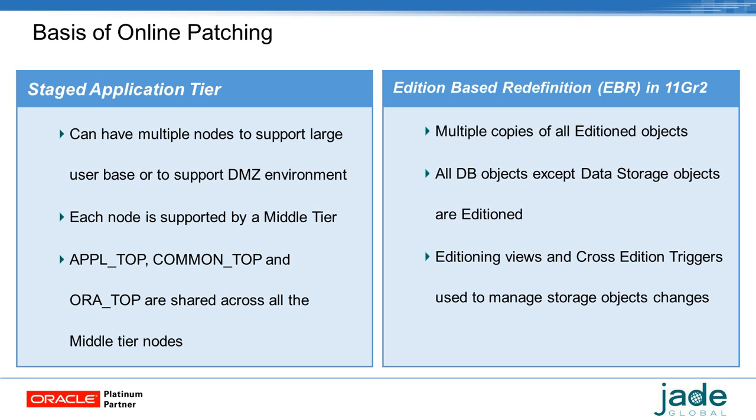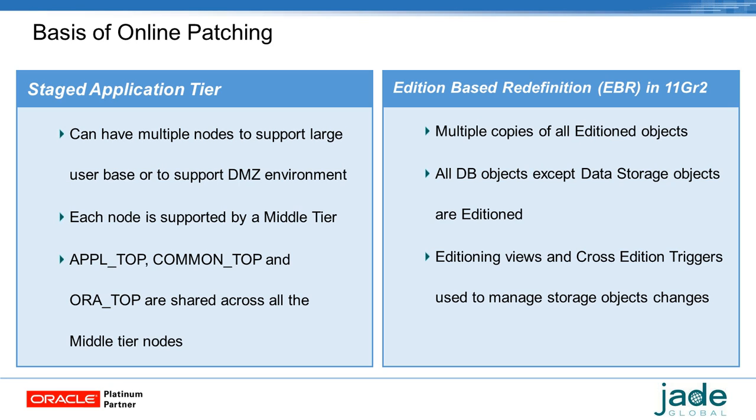When it comes to editioned objects, all the objects which store data, such as materialized views or database tables, are not editioned because they carry a huge amount of data. But all other objects are clearly editionable objects, such as packages, procedures, functions, synonyms, triggers, all of them.